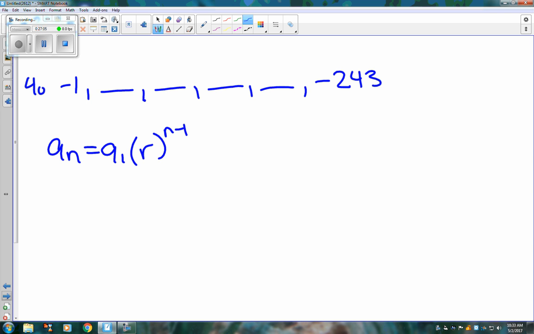I'm going to plug in my last term that I'm given, which is -243. What's my first term? Times r to the, what term was that? 6 minus 1. Because I have a -1 out front, I have to divide both sides by -1 first. It's 1, 2, 3, 4, 5, 6.